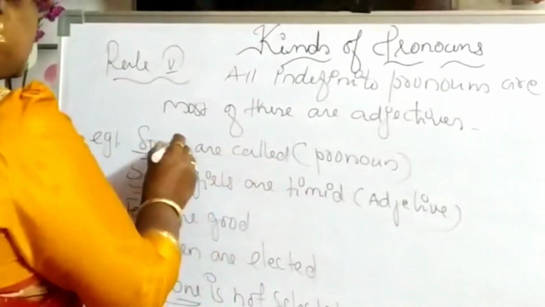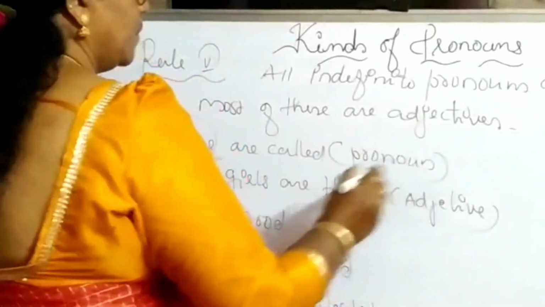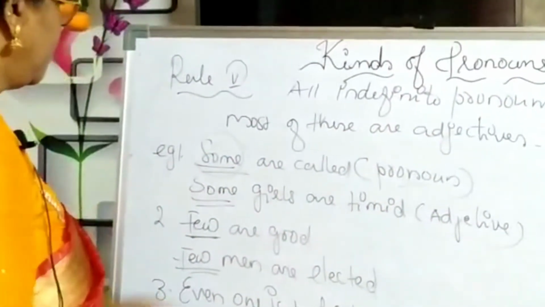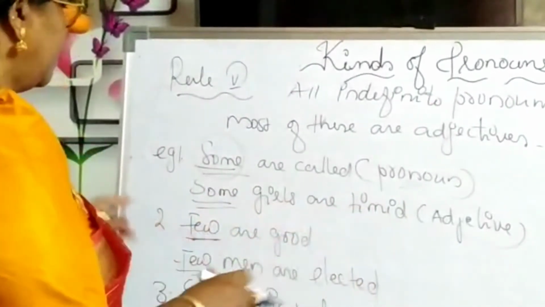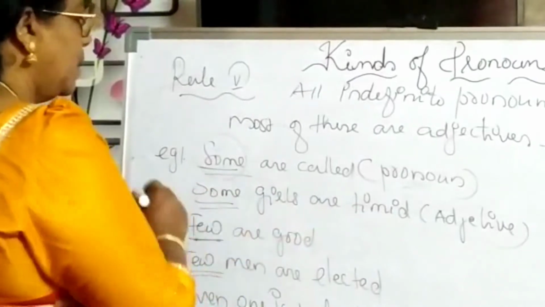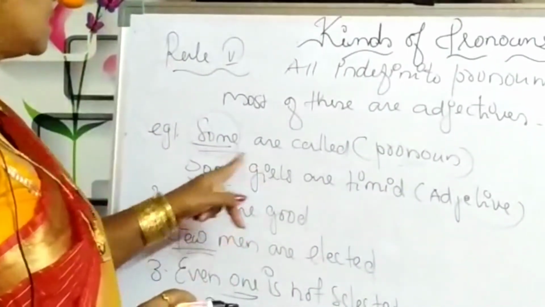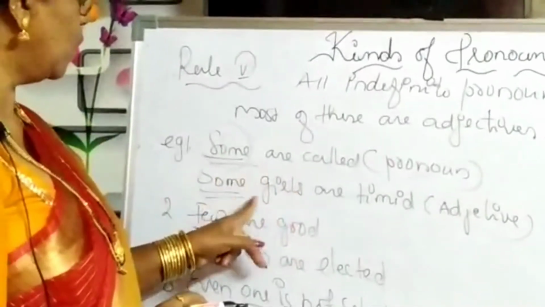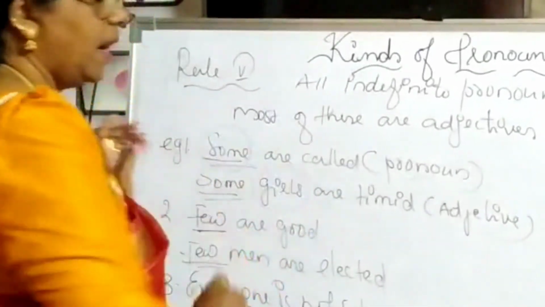Here "some" is used as a pronoun. Then, some girls are timid. Here "some" is used as an adjective, because it qualifies the common noun girls.